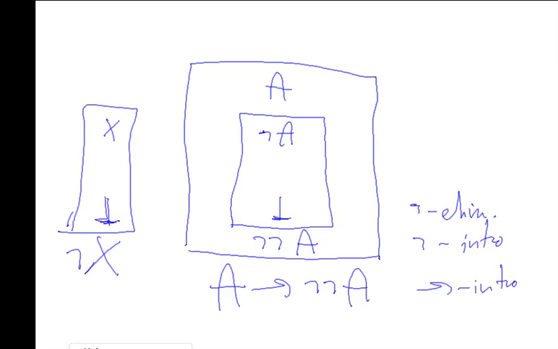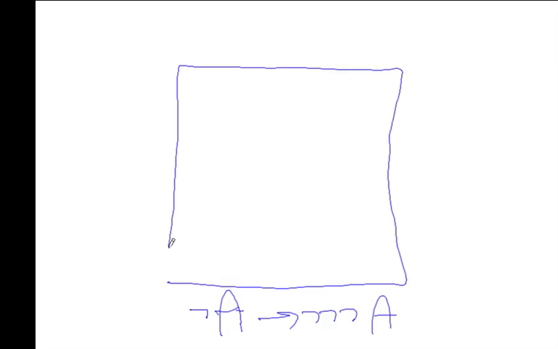Now I want to do another example. Let's do, for example, not A implies not not A. Again, because we have an implication, the first step is to assume not A here, and I want to get to not not A. So that was the first automatic step.